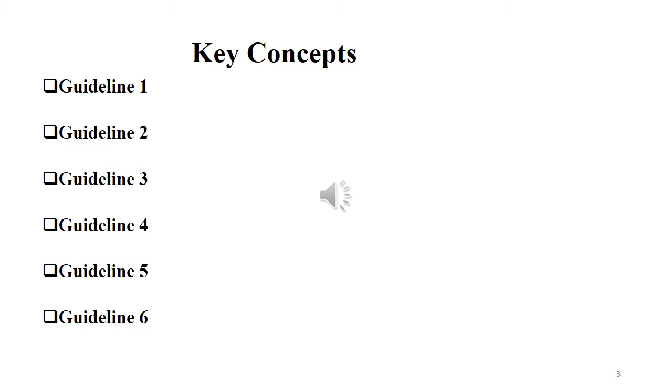The contents contain guideline number 1, guideline number 2, guideline 3, guideline 4, similarly guideline 5, and then there will be guideline 6. So these 6 major guidelines will be discussed for the order of events in the retrosynthesis.